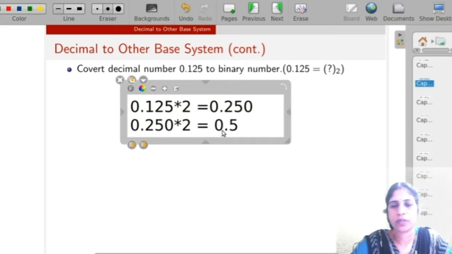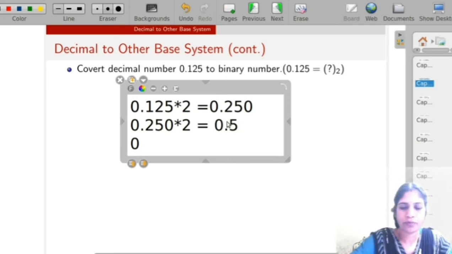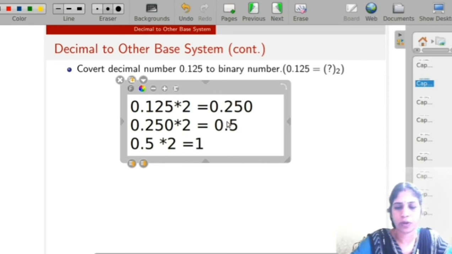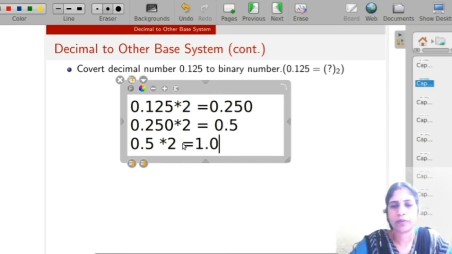Again 0 is the integer part, this is the next digit of the binary number. Again 0.5 is multiplied by 2. So we get 1.0. The fractional part is 0 and the integer part is 1, so 1 is the next digit.